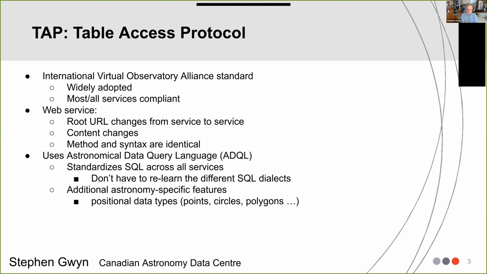It's just one dialect, and everybody has agreed on it, and everybody will modify their services such that it works. In addition, it has astronomy-specific features, so there's not just the standard integers and floats and strings and whatnot. There are also positional data types, so you can define something as being a position, or a circle, or a polygon, or a rectangle, or one of these other geometric data types.